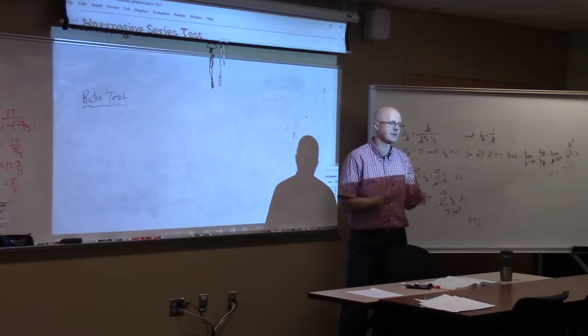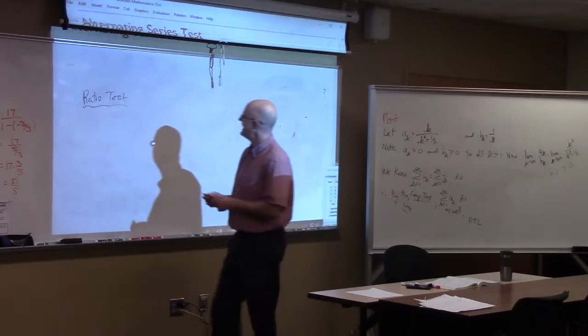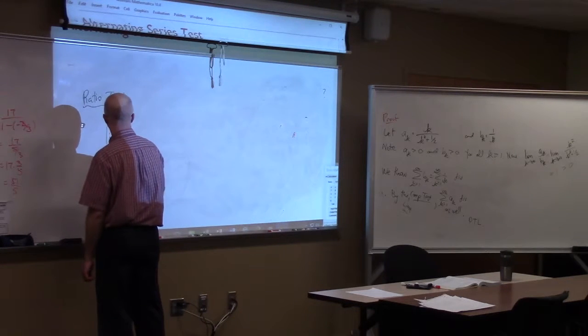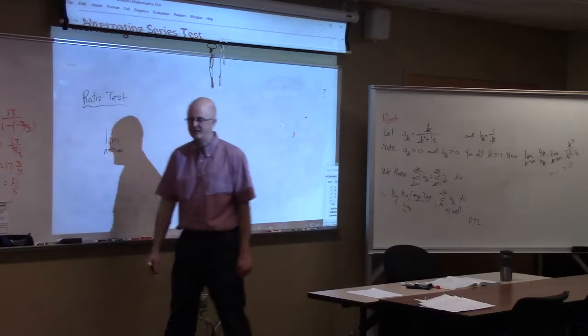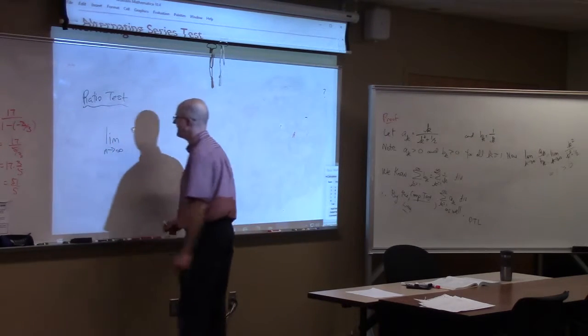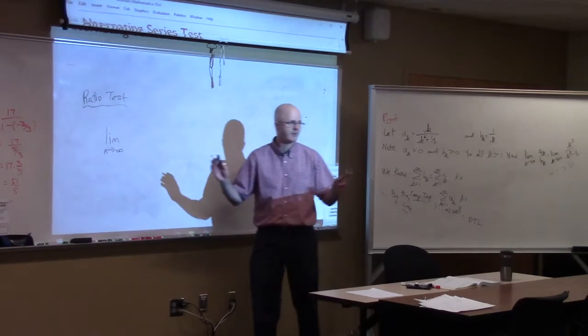Though it is a little tricky sometimes if some of your terms are 0, you kind of want to ignore those terms because you're going to be calculating a limit of a ratio, and you don't want to divide by 0. Again, I could use a k. I'll use an n this time. Okay, it's okay to use a k or an n or whatever, it doesn't matter.